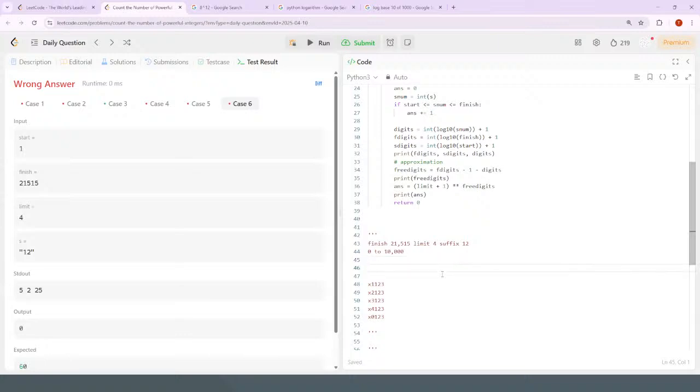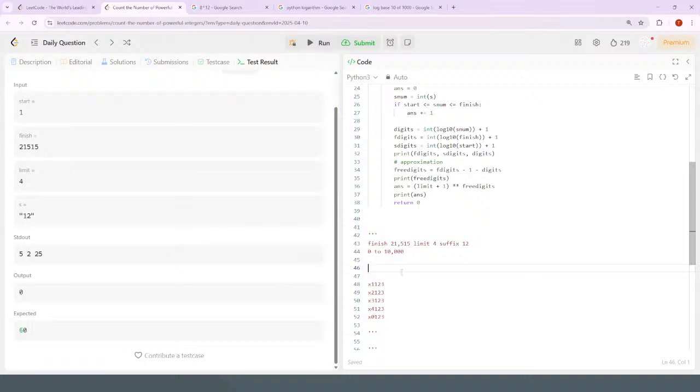So that should be 5 times 5, and that gives you 25. So like 1xx15, or 1xx12, that's 5 times 5, which is 25.